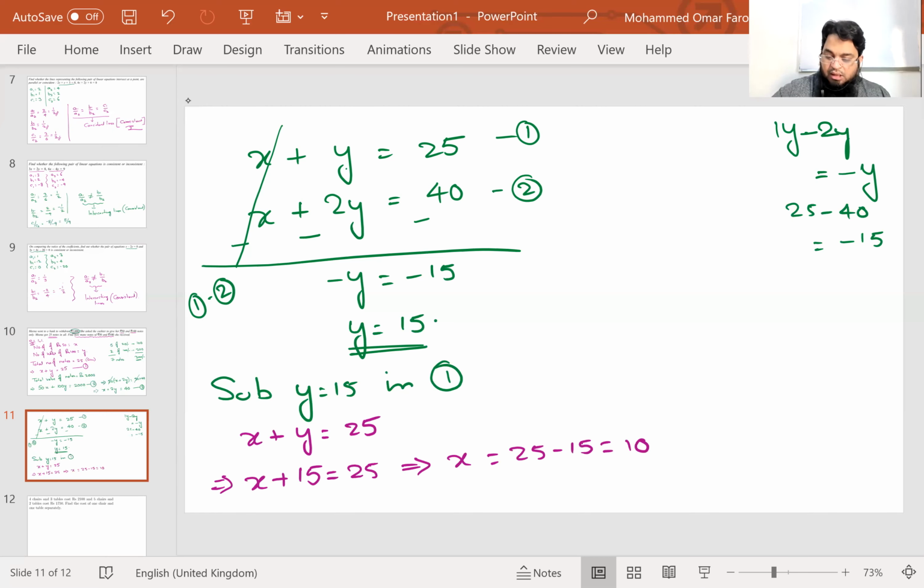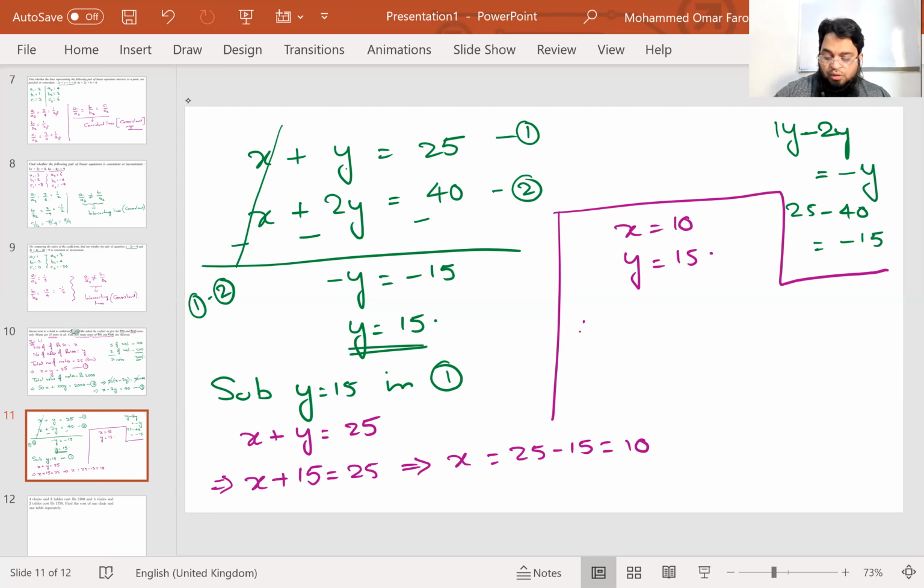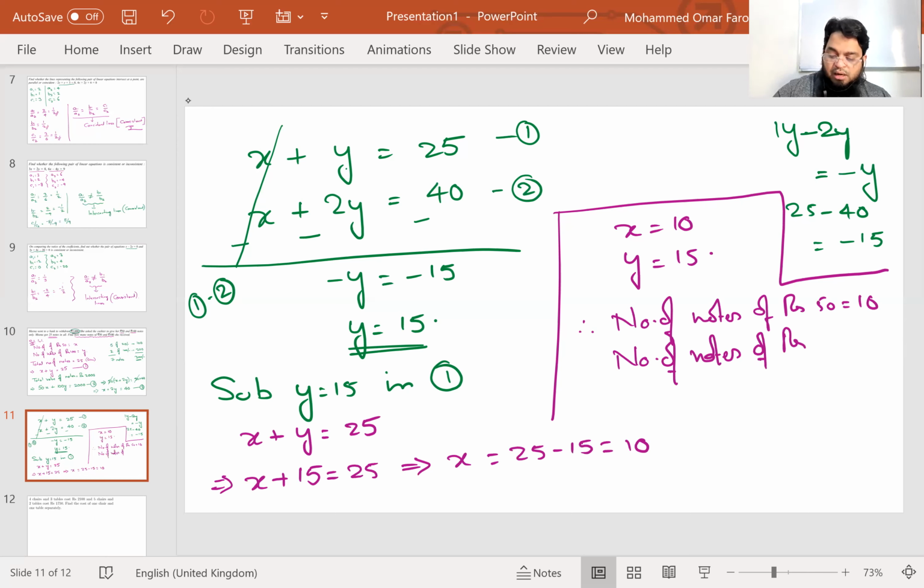So what did we get, my dear students? We got x is equal to 10 and y equals 15. Therefore the number of notes of rupees 50 is 10, and the number of notes of rupees 100 is 15.